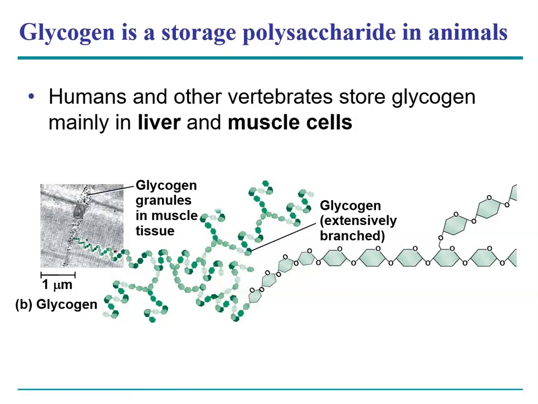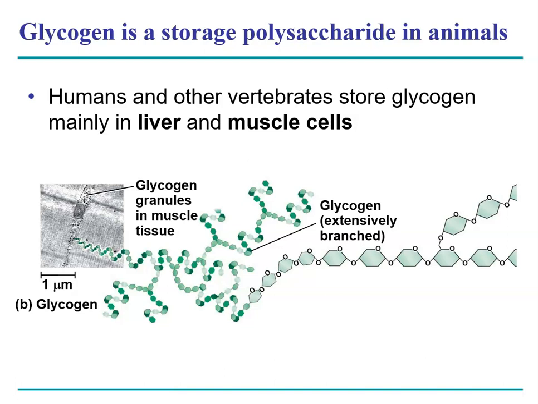You don't really see that regular helical shape, but just know that this is an example of a polysaccharide, and be able to recognize the examples, which ones relate to animals, which ones relate to plants, and what their specific function is for the living thing it's found in.